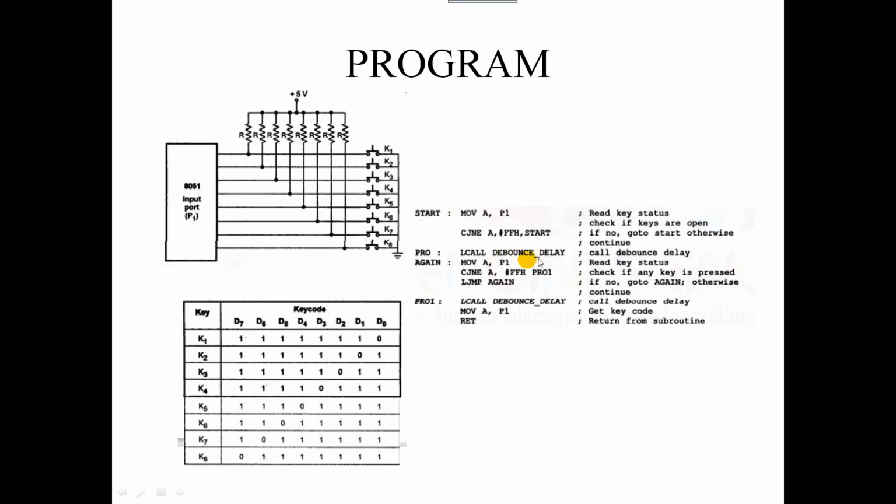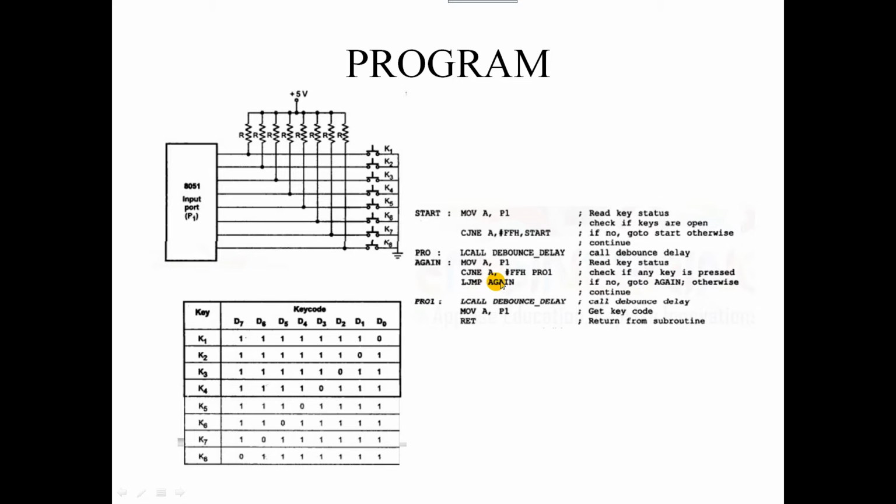If this delay is programmed for 10 milliseconds, that program we can write on our own. After that it will check whether the key is closed or not. That is checked by again getting the data from port number 1, and that data is transferred to the accumulator.